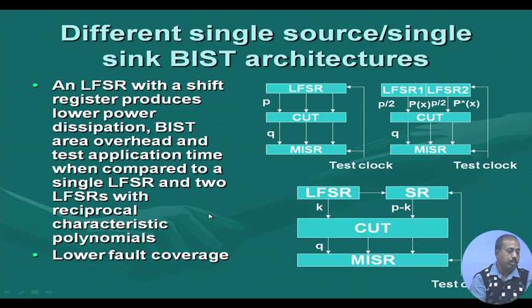The general observation is that an LFSR with a shift register produces lower power dissipation, BIST area overhead and test application time when compared to a single LFSR and two LFSRs with reciprocal characteristic polynomials. So, this structure is better as far as power consumption and area overhead are concerned, but the fault coverage is going to be less, which is obvious, because the LFSR itself is of lesser length.